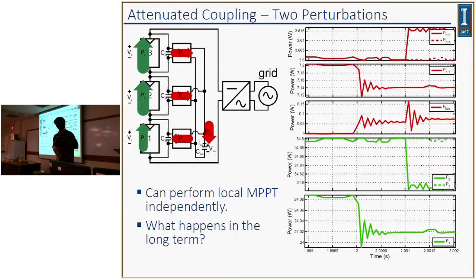Converter 1 perturbs, and the bus capacitor compensates all of that power, and it doesn't affect anything else in the string. And then a millisecond later, converter 2 perturbs, and that changes the amount of power that it processes, and thus changes the amount of power that its corresponding submodule generates.